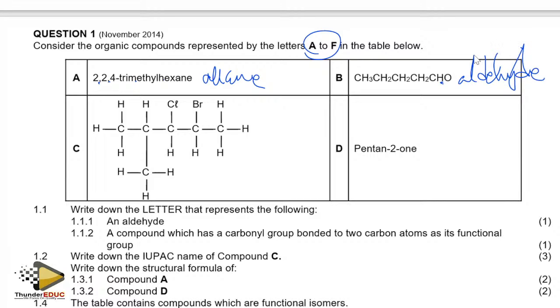Let's identify together. If you see it and you couldn't get it right, then it means that something is still missing. Now this one is a haloalkane, and then this one is a ketone. You see?